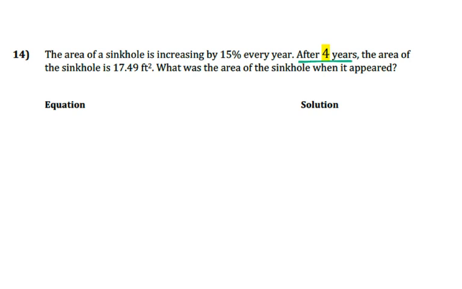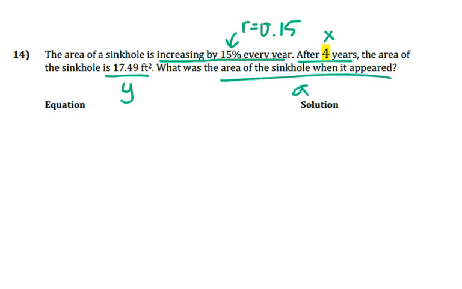We know it was after 4 years, so there's our X. We know that it's increasing 15% per year, so it's a percentage, so we're going to change that to a decimal, and that will be R. So R is 0.15. And the area of the sinkhole is this now, so this is going to be Y, so 17.49 is Y. And we want to know the area of the sinkhole when it appeared, so this is our A, or our initial value. That's what we're looking for.